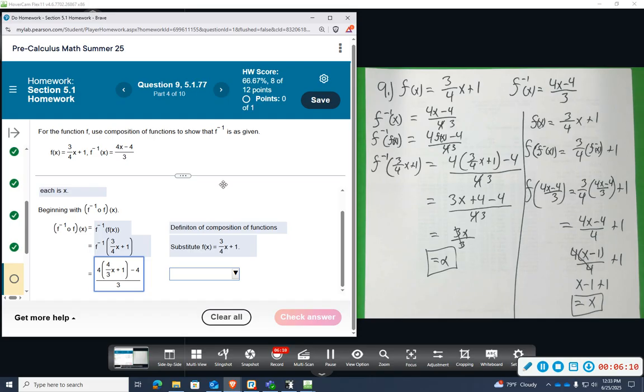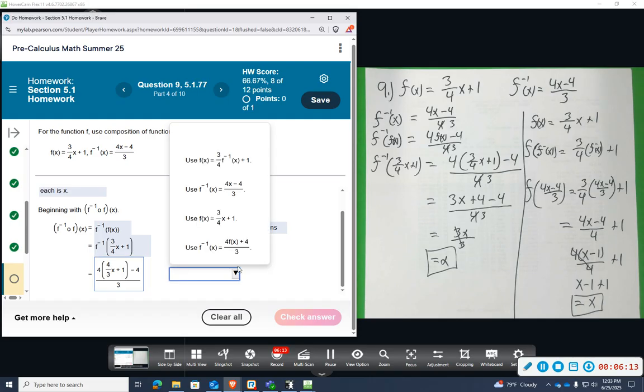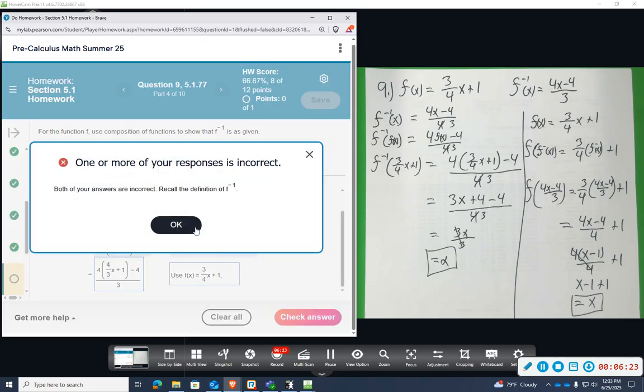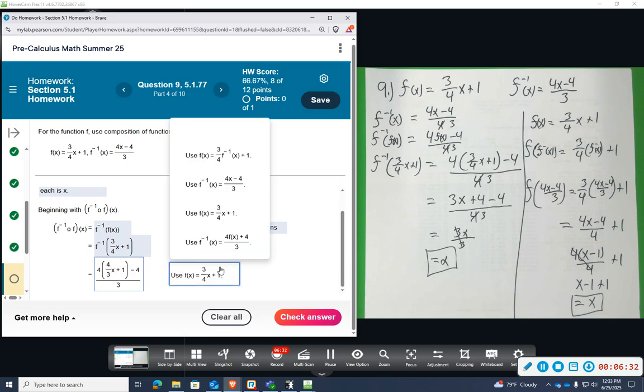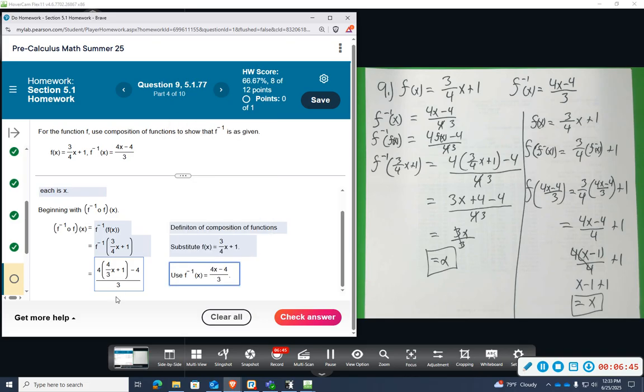And then I want to say f of x is equal to this. Okay, so they don't like that response. One or both of the responses. Maybe because we already used it. Oh, we're using our inverse, sorry. Use our inverse to come up with this.